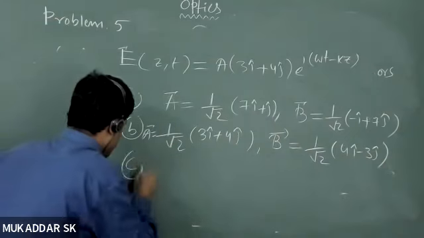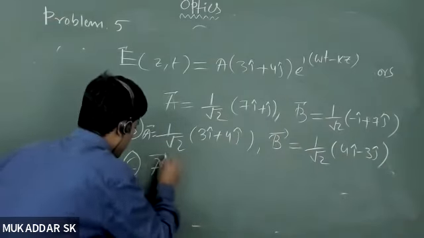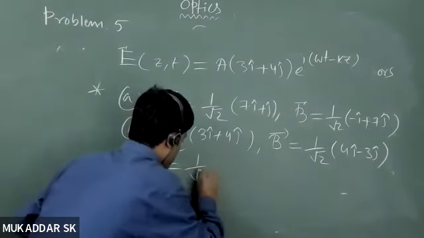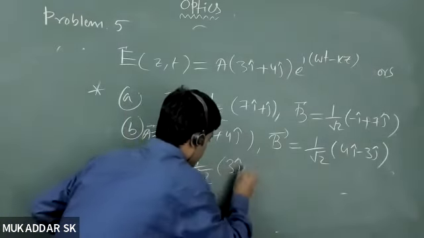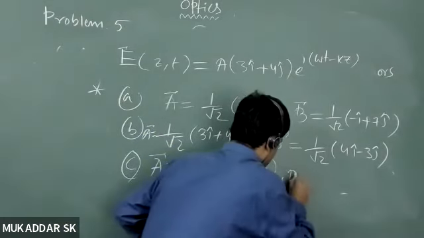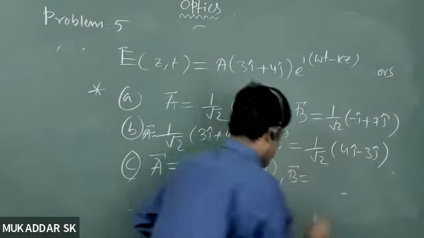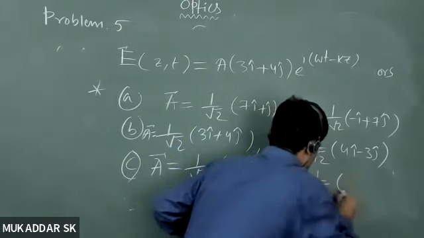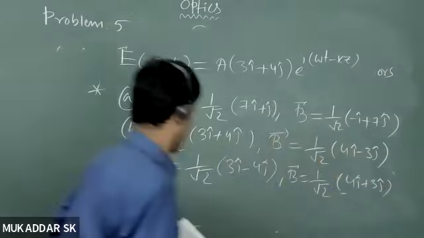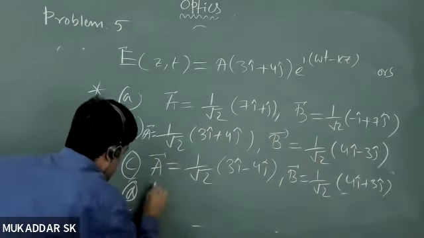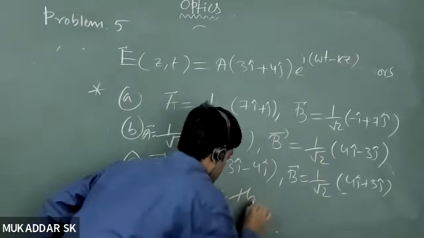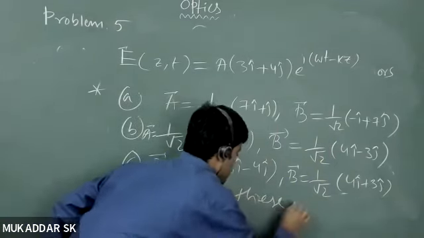And option C: can A be the fast axis? A is given as 1 by root 2 (3i − 4j), and B is given as 1 by root 2 (4i + 3j). And D is none of these.